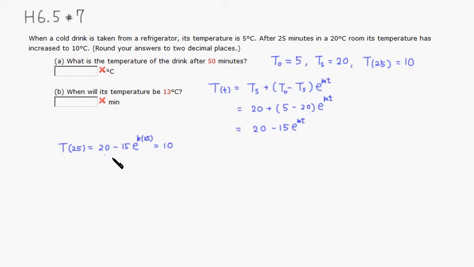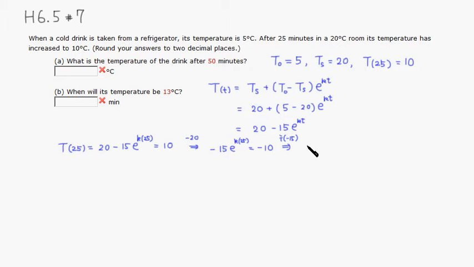Subtract 20, and we get negative 15 e to the k times 25 is equal to negative 10. Then divide through by negative 15.